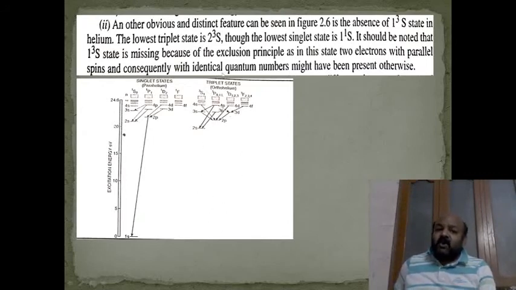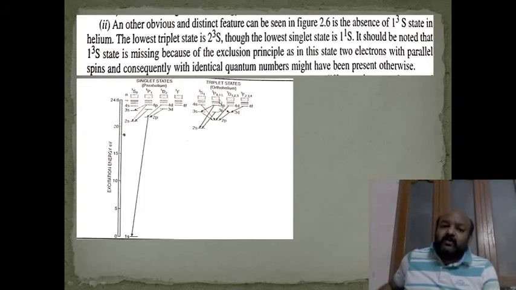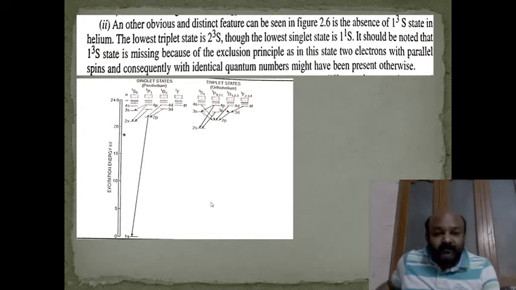Because in the triplet state both the electrons have the same spin, and in one orbital, according to Pauli's exclusion principle, both the electrons cannot have the same spin. So the 1 1S state is there for the singlet state, but it is absent for the triplet state. So there is no 1s state for orthohelium.